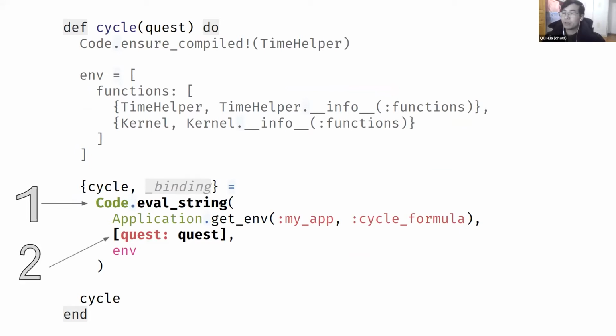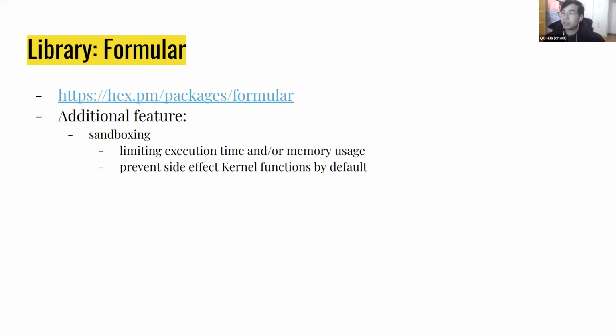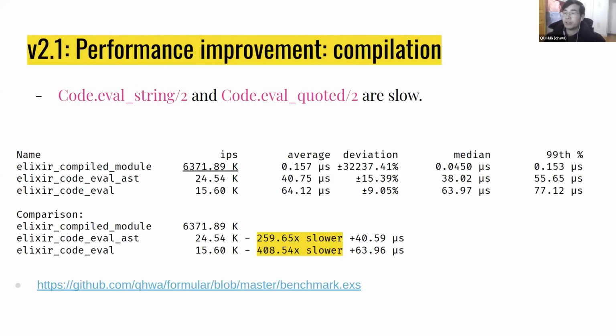Do those two methods have a performance difference? The answer is yes. Actually, they are maybe hundreds of times slower than before. So this is an interesting problem. Can we make it faster using the same approach?